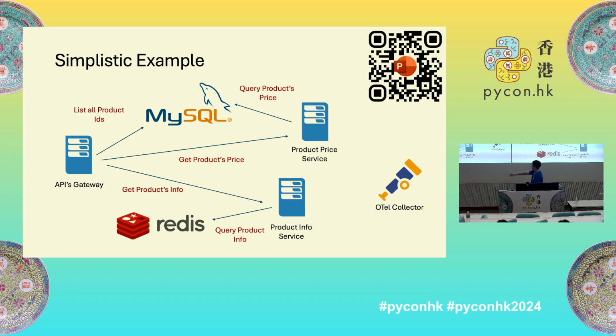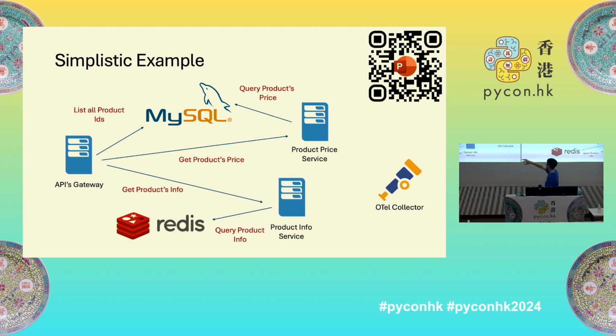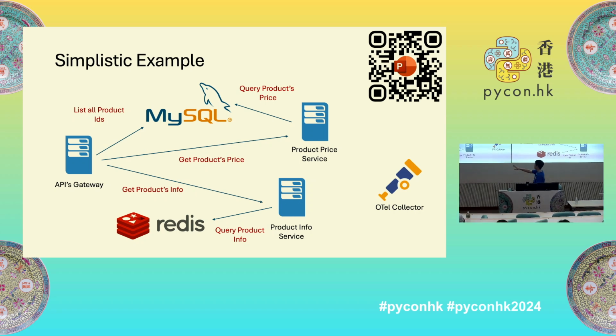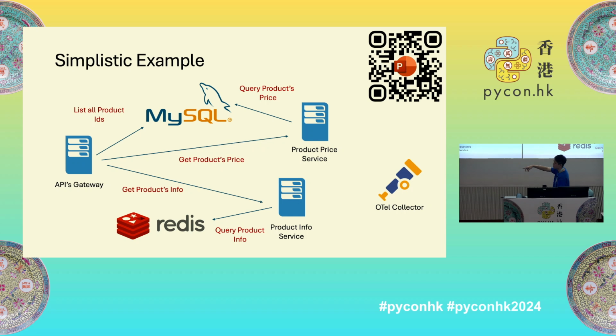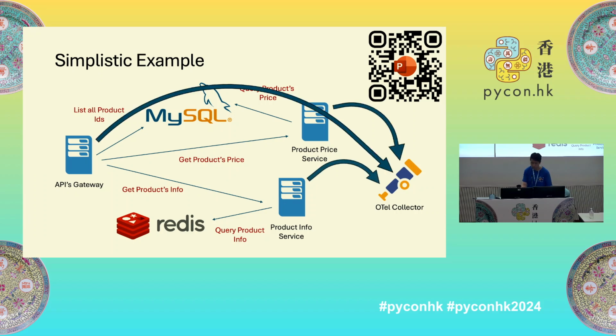The MySQL is because it has to get something called the product ID, and it sends the request to the product price service because it has to get the product price, and for the product info service, it gets the product info, and you can see the corresponding backend that I'm using. So in this example, those three services will also send the traces, logs, and metrics into the OTel collector.